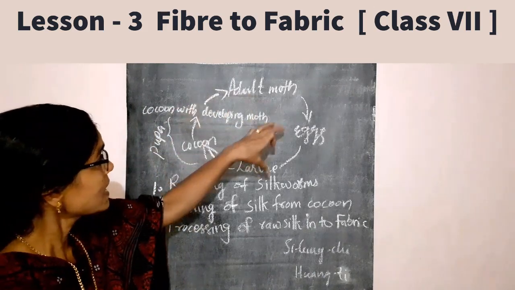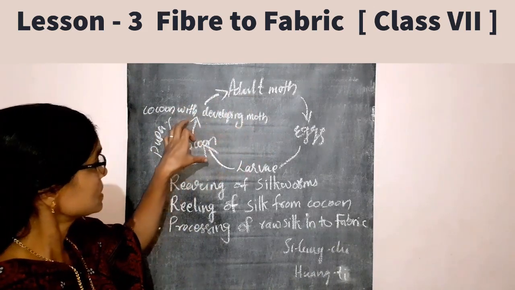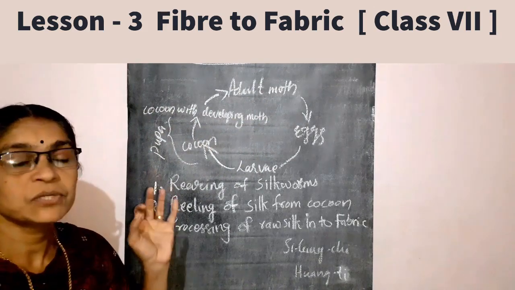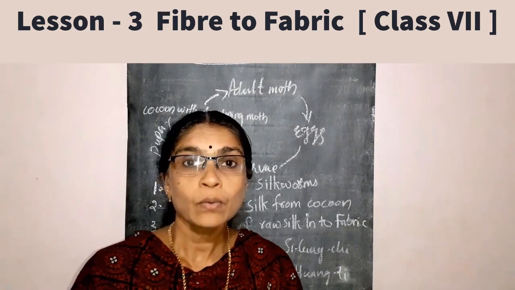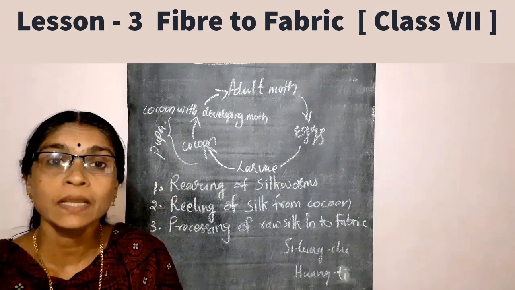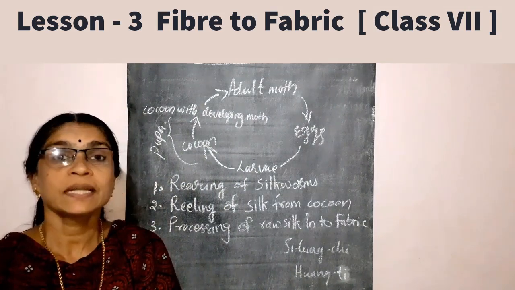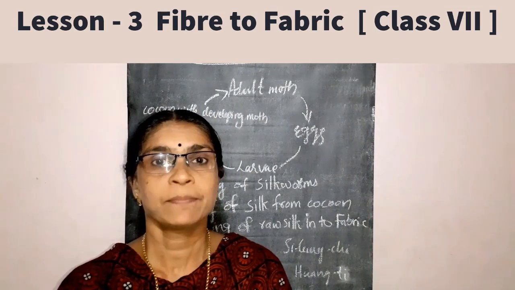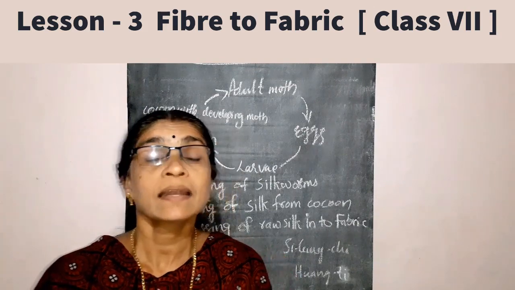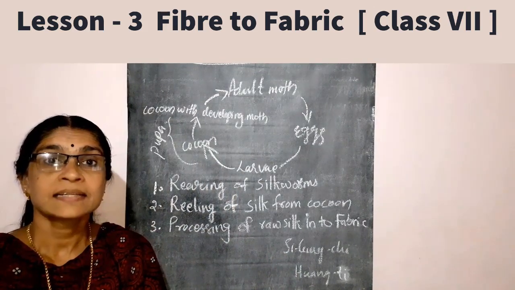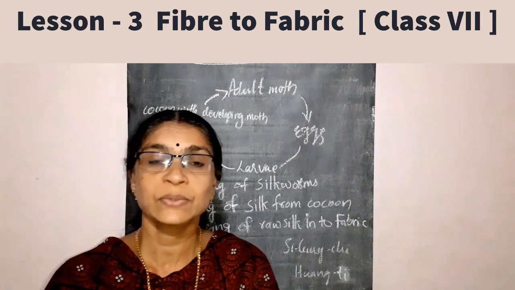Okay, this is the life history of the silk moth. Today let us know how fiber is obtained from the cocoon. For obtaining silk fibers, moths are reared and their cocoons are collected to get threads.